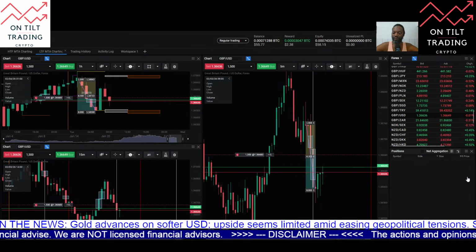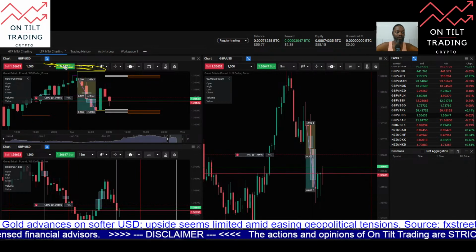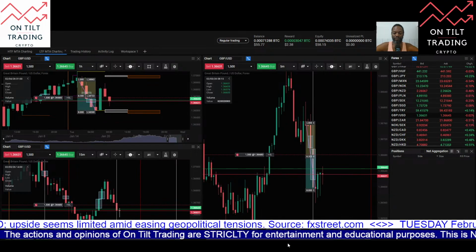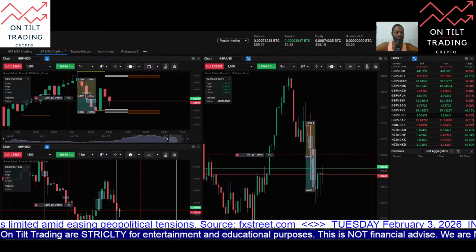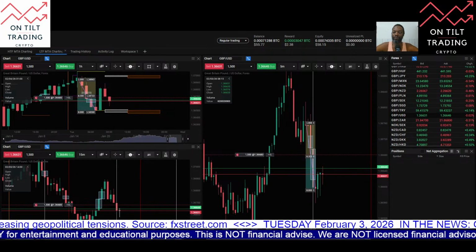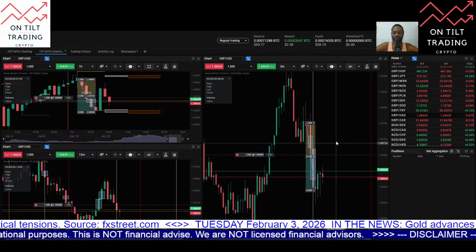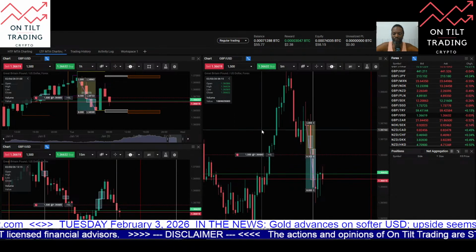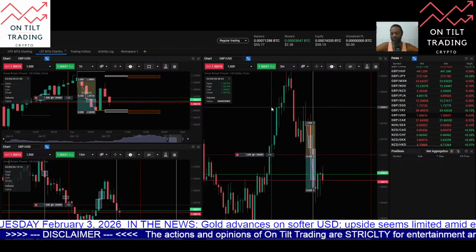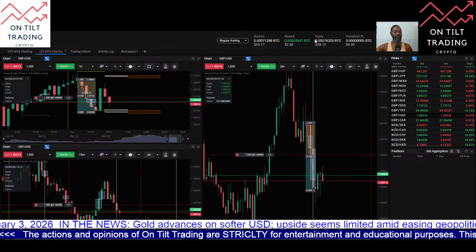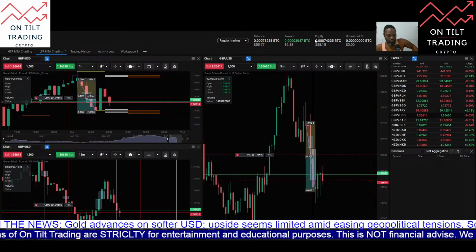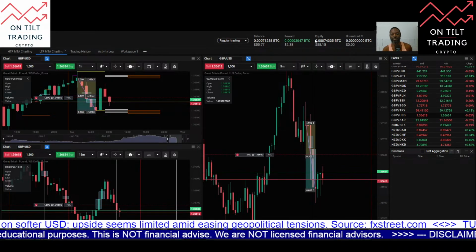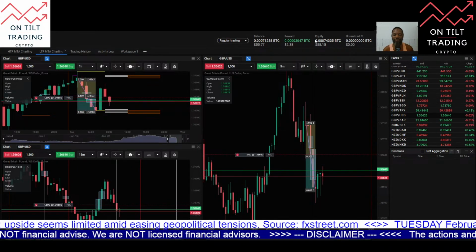My stop loss on both of these positions is above the 1 hour swing high here. Price consolidating here in the area of discount on the 5 minute.